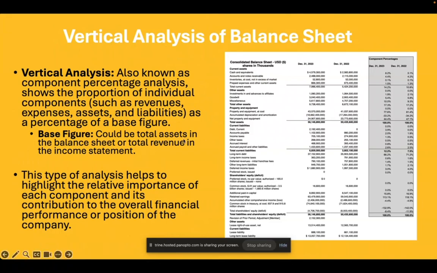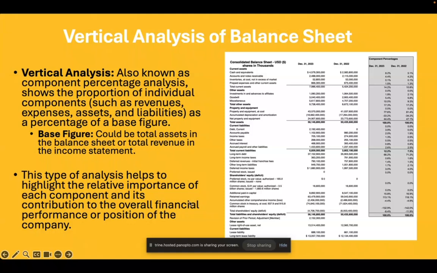The vertical analysis, also known as component percentage analysis, shows us the proportion of individual components such as revenue, assets, and liabilities as a percentage of a base figure. In this balance sheet, we have taken the total assets as the base figure and calculated these component percentages.